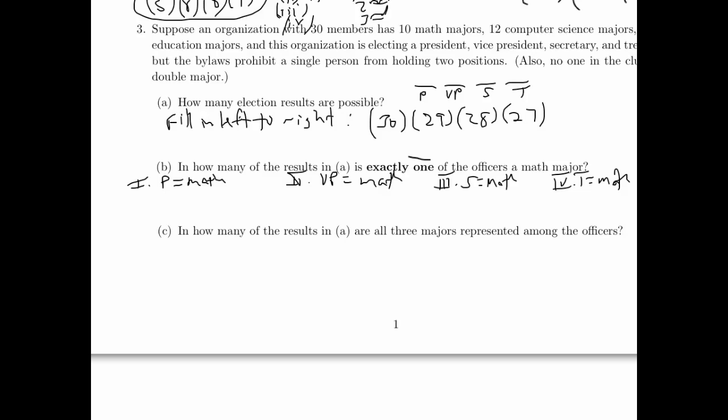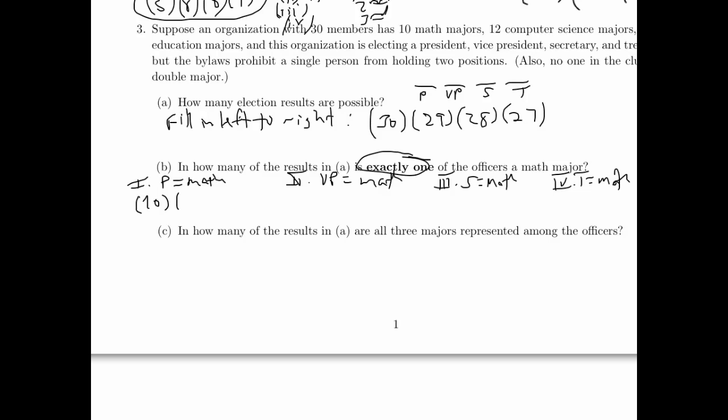So if we count each of those separately, it will fall into the same kind of algorithm we had before. The only difference is whichever one is the math major, I should fill that blank first. So if I do that, where the first choice is wherever the math major is, then, for example, when the president's a math major, there are now 10 choices for president, and it says exactly one of the officers is a math major.